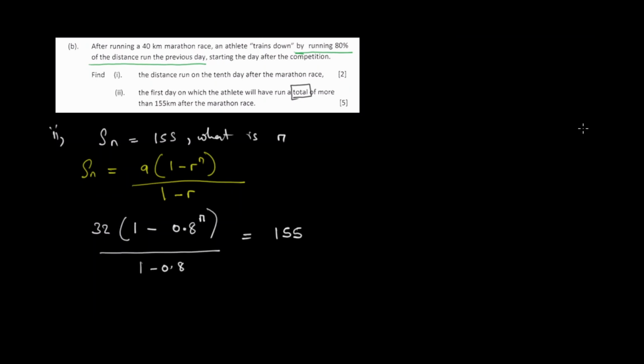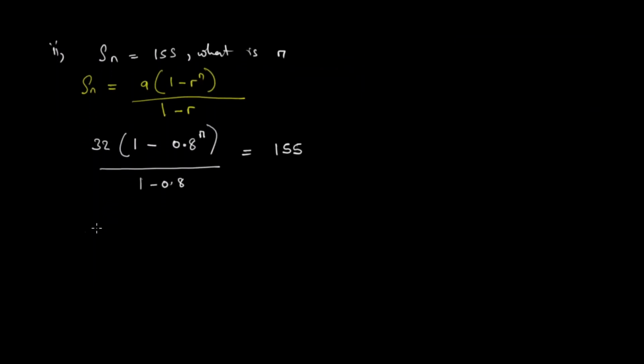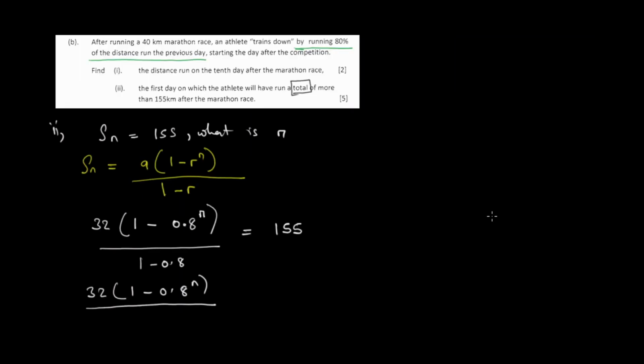Saka panapa tinoisolve sei. Saka apa tiri kuti 32 1 minus 0.8 to the power n over 1 minus question yedu iri kuti the first day on which the athlete will have run a total of more than 155 kilometers after the marathon race.